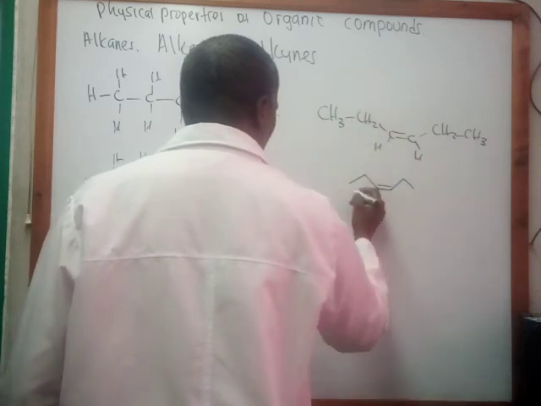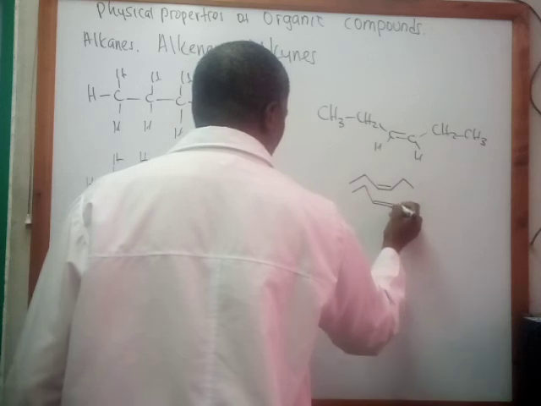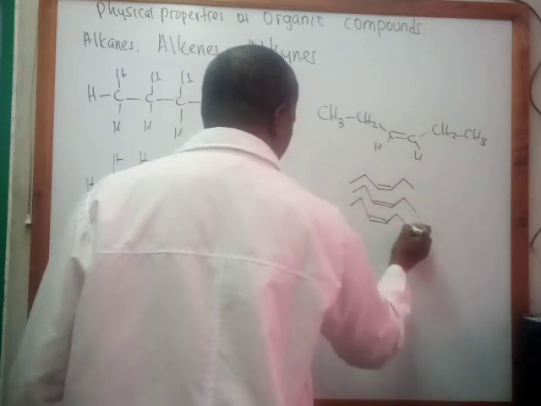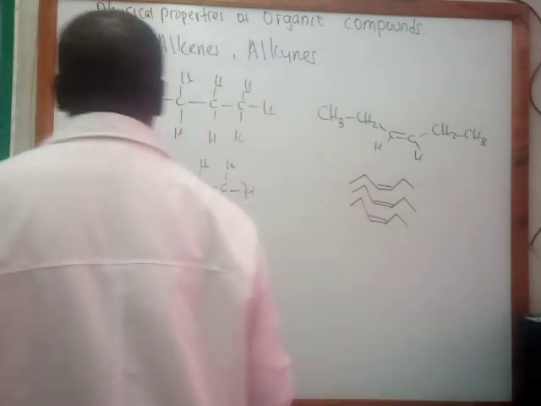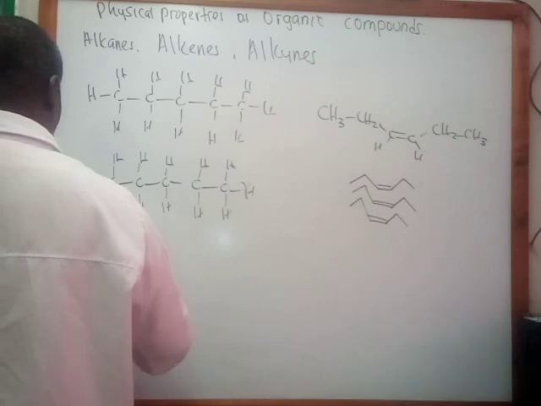So if you're going to have another one, you're going to have it something like this. You've got another molecule like that. So in this case, 1, 2, 3, 4, 5.